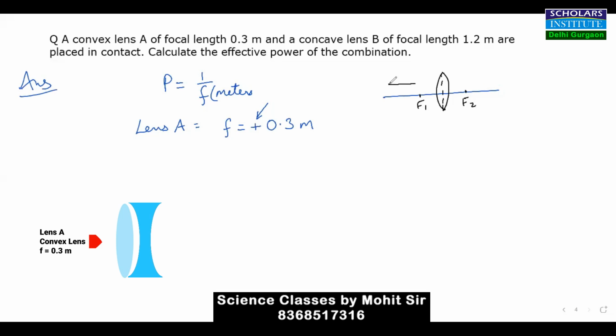We know that a ray parallel to the principal axis, after passing through the lens, will pass through this focus, which means it has a real focus. And the focus is in the same direction as the incident ray. The incident ray is going towards the right, and from the optical center we move towards the right to find the focal length. So it will have a positive focal length.